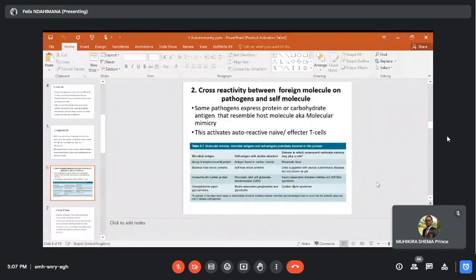Number two, we have cross-reactivity between foreign molecules on pathogens and self molecules. So there is what we call molecular mimicry, which is a confusion again, whereby some pathogens might produce antigens that are similar to our own proteins. We have some examples, like Streptococcal species, those bacteria.